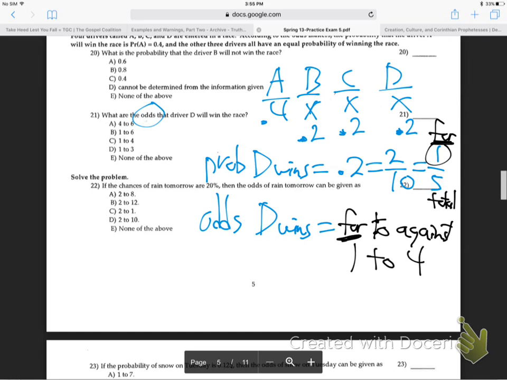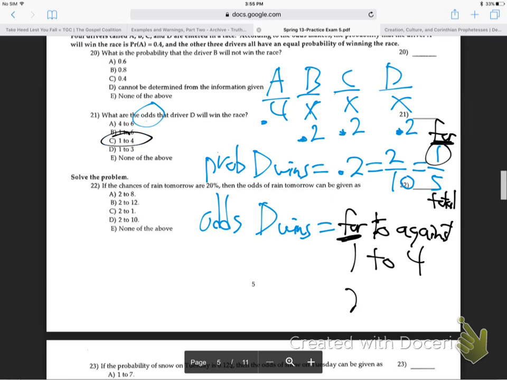If there's 5 people in the room and 1 is for the issue, then there must be 4 against it. 5's the total. So remember, probability is for over total, odds is for and against. So 1 to 4, answer C on that.